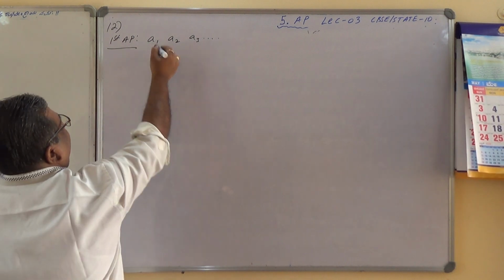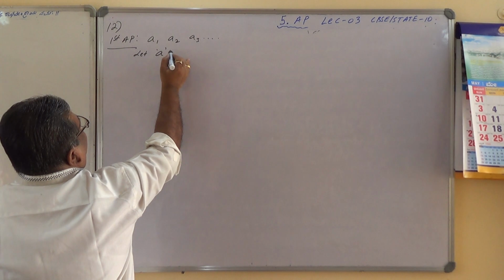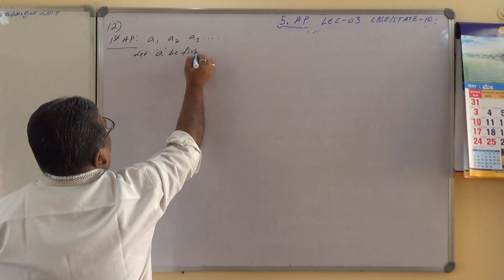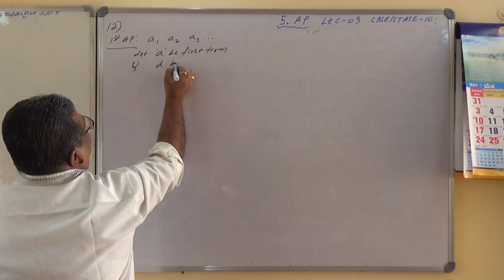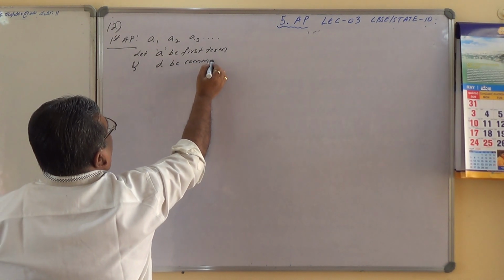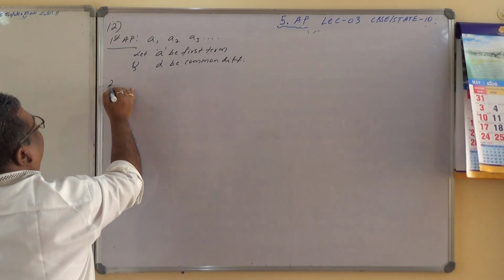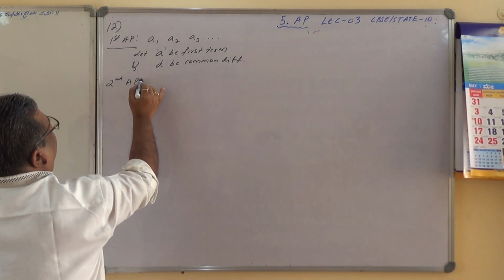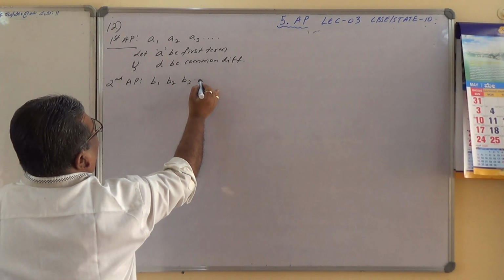Okay. So for this, let A be the first term and D be the common difference. Good. Second AP, B1, B2, B3 dot dot dot.